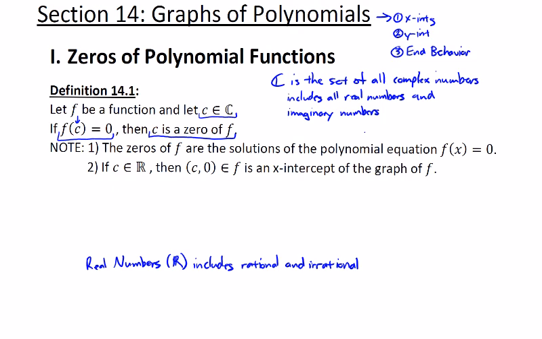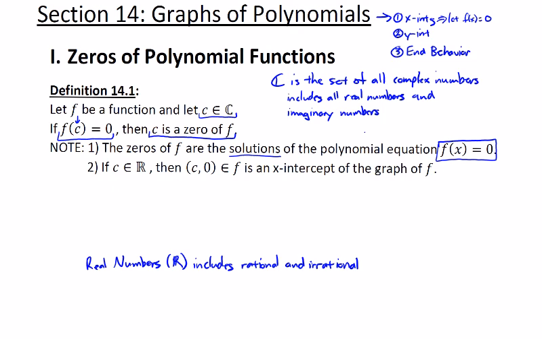The zeros of f are the solutions of the polynomial equation f of x equals 0. So anytime we've ever wanted to calculate the x-intercepts, we would always let f of x be equal to 0. So when we were doing that, we were actually calculating zeros, and then you would take those x values and you would write them as ordered pairs.